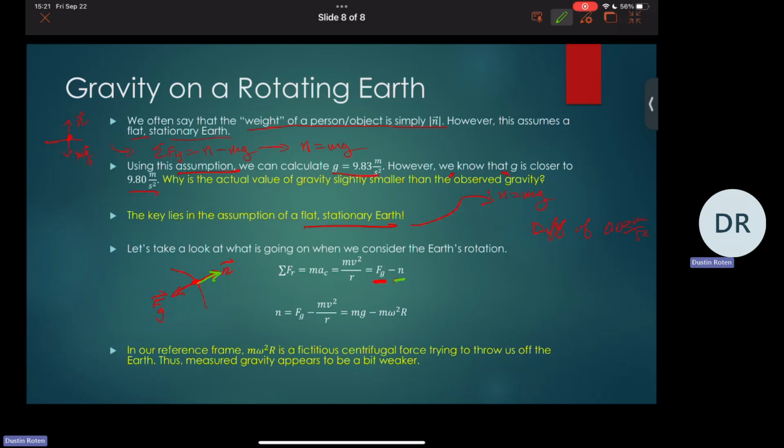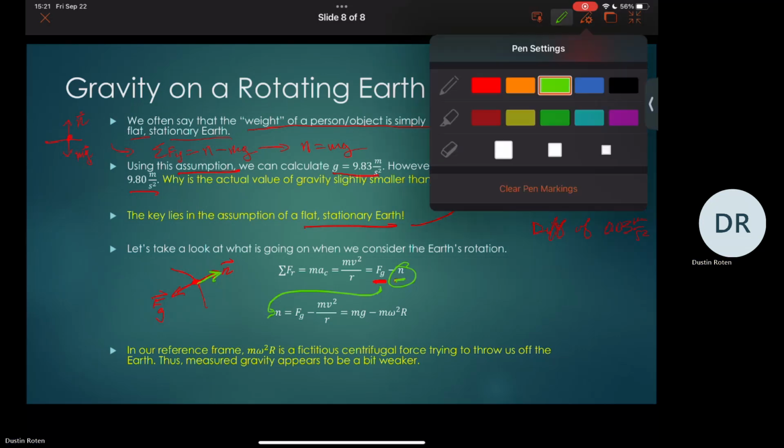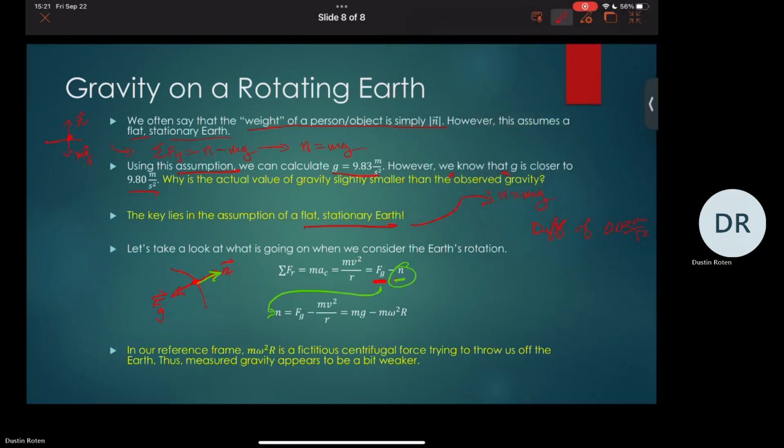Now, let's just solve for the normal force. We'll get this by itself, and that's easily done. So it turns out we just have our weight here, but look at this.